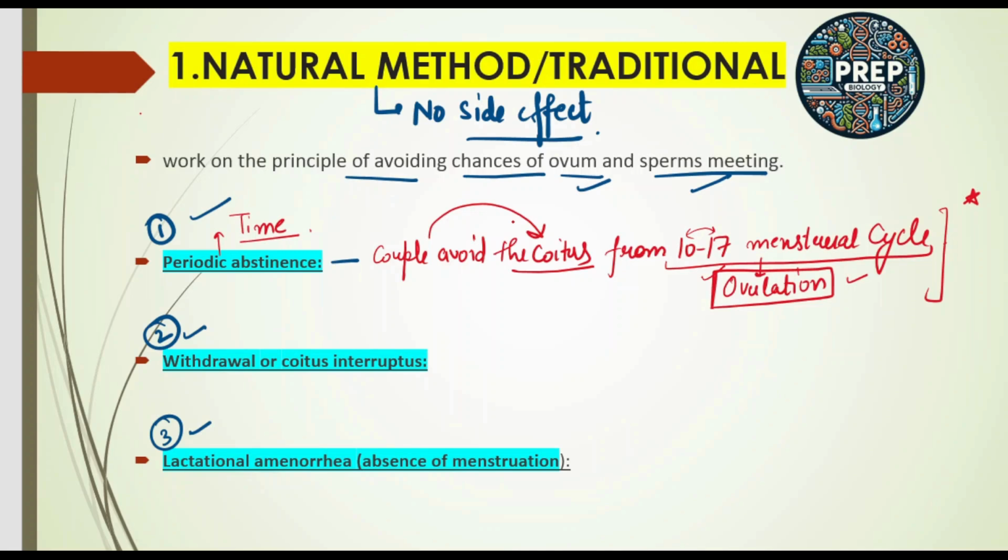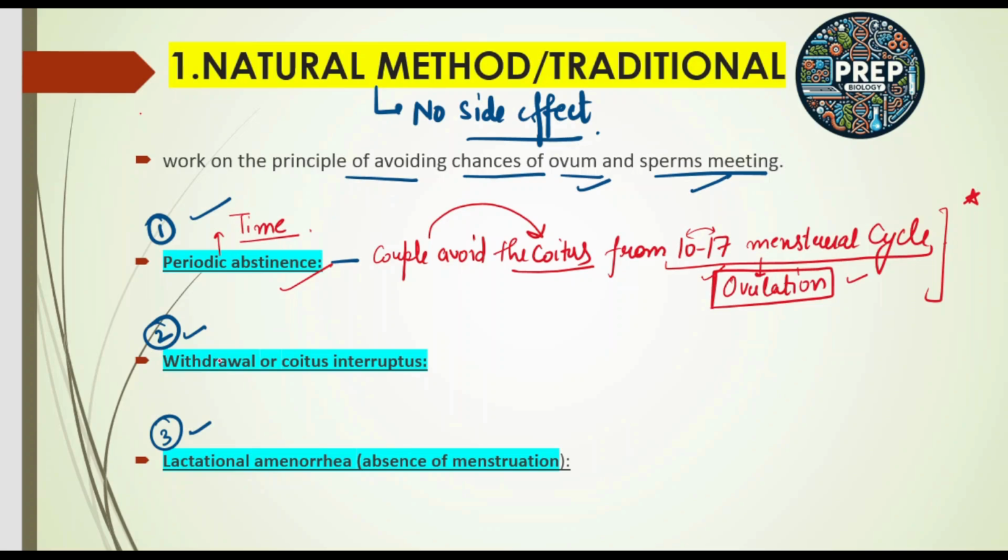If the couple avoids intercourse during these days, pregnancy can be avoided. This is called periodic abstinence.